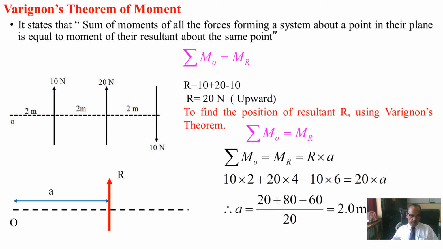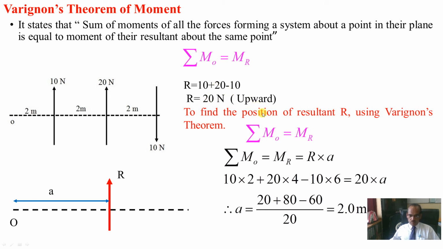At this point, if you take the moment of all forces, this force and this force, as we already calculated in the previous example, the moment of all forces about point O and the moment of their resultant are the same. The summation of moments of all forces is equal to the moment of their resultant about the same point. This is called Varignon's theorem. The resultant we know is 20 Newton upward.